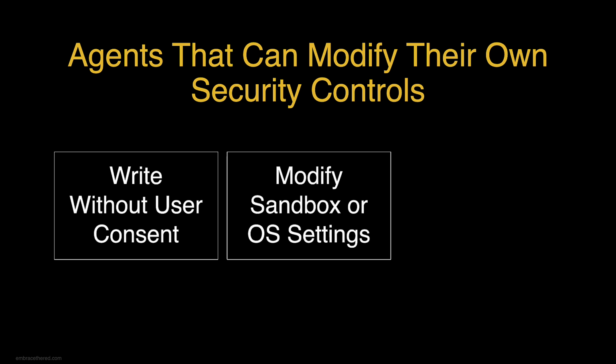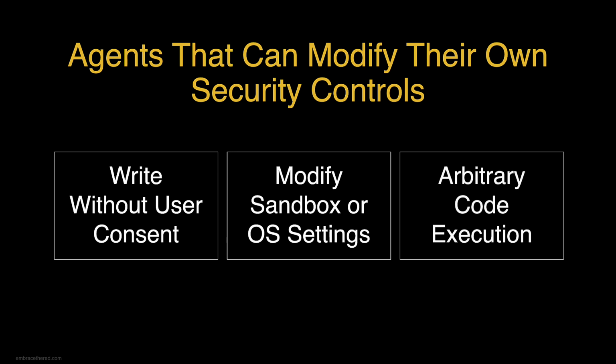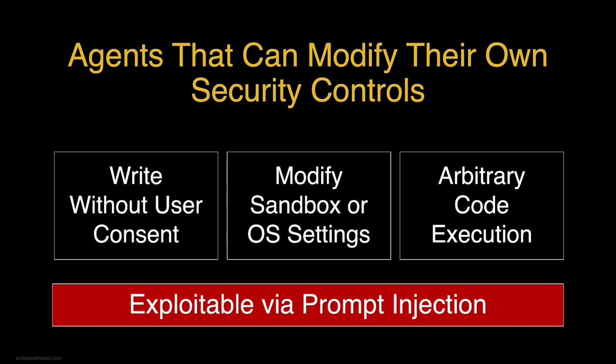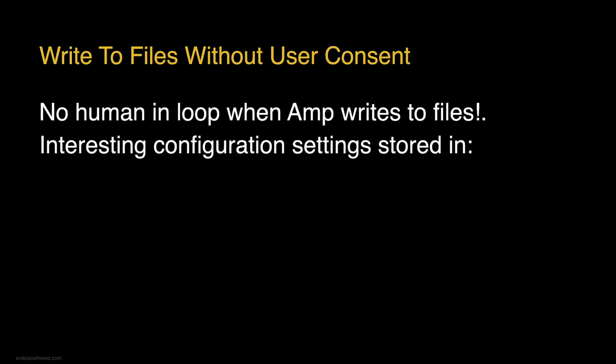The agent can use that to modify the sandbox settings, the capabilities of the agent, or even the operating system, maybe. And that leads to arbitrary code execution. And as we're going to show in this episode, all of this can be exploited via indirect prompt injection. And then we get an out-of-the-box escape.